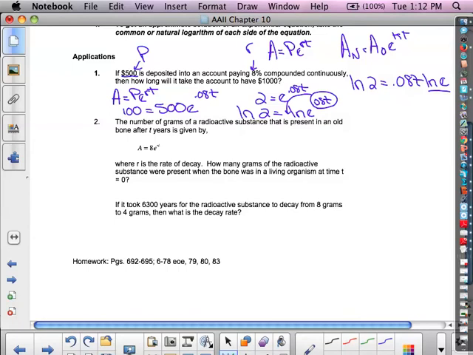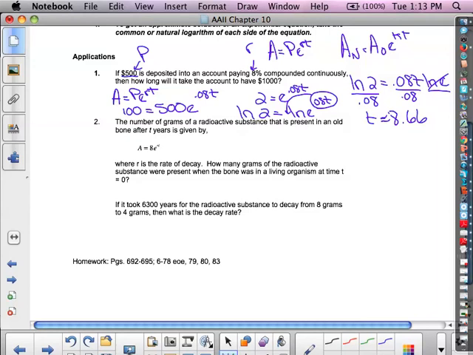So the natural log of e is 1, like multiplying by 1. Now I can find t simply by dividing both sides by 0.08. So t is equal to ln of 2 divided by 0.08, and in your calculator you should get approximately 8.66 years for your money to double at 8%.